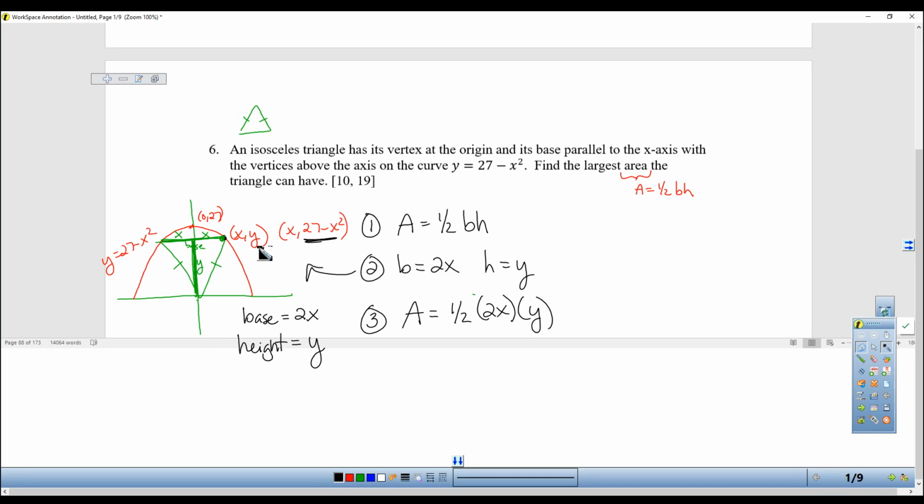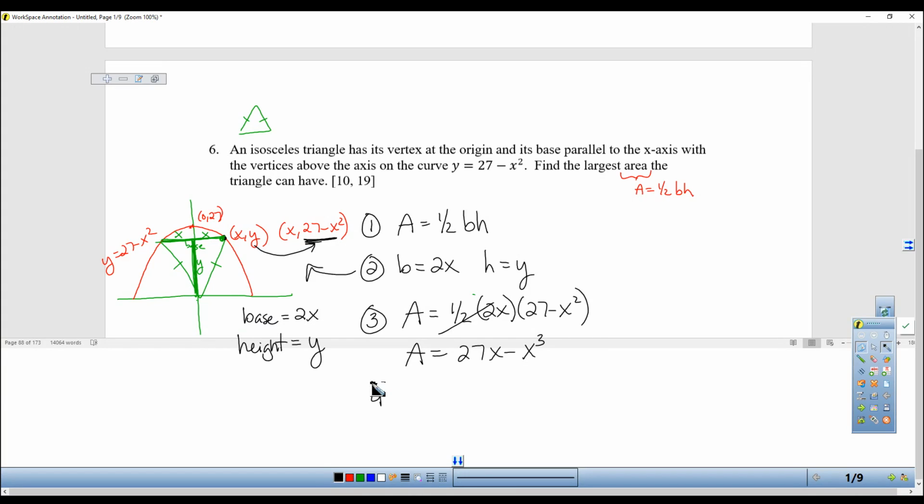Right up here. Because we're bounded by this very specific parabola, y is 27 minus x squared. Keep in mind the purpose of your constraint is to reduce your equation to one variable. I'm going to simplify that. These cancel, and I get 27x minus x cubed.